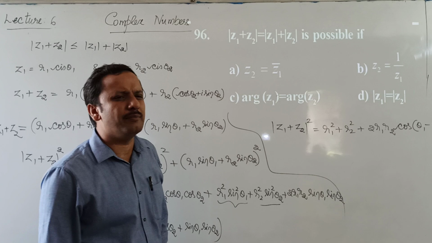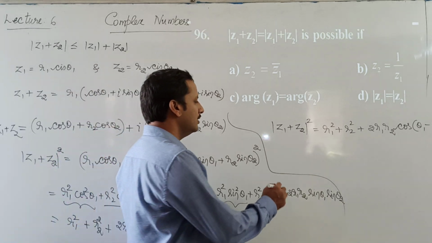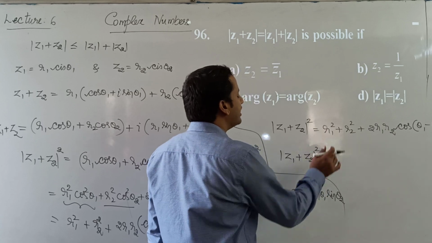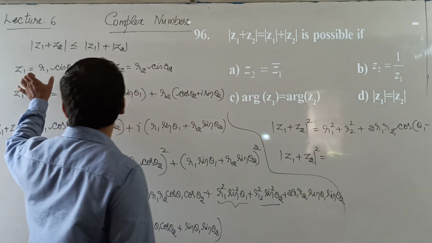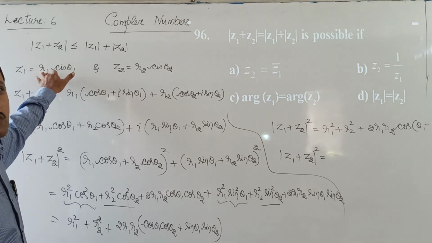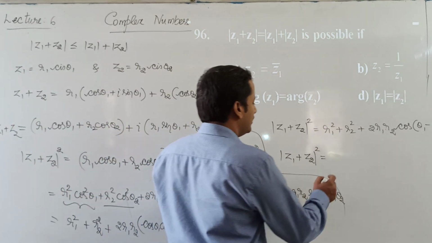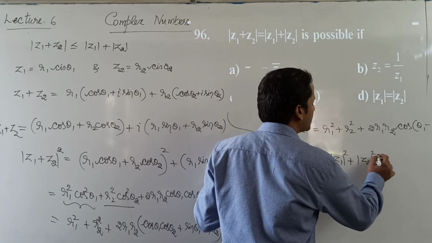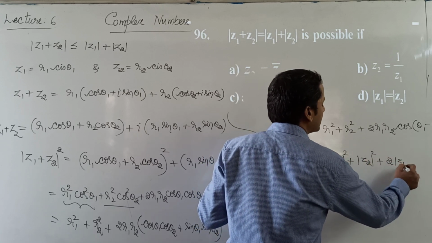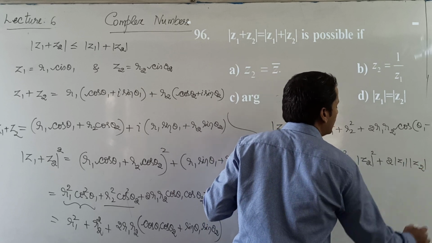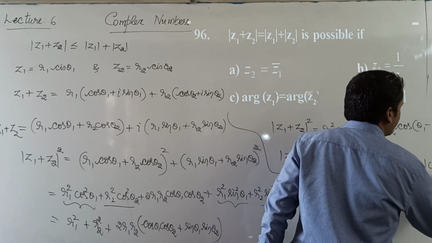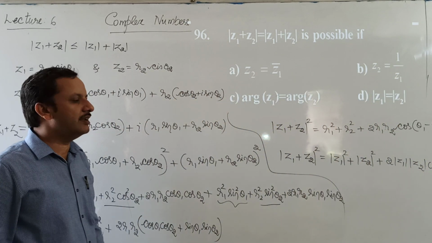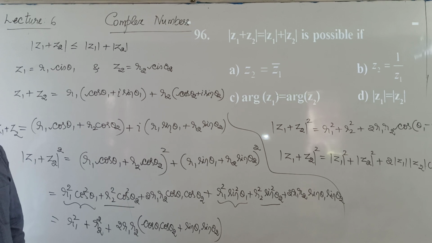I can write r1 as mod z1, since modulus of z1 is r1. So mod of z1 plus z2 whole square is equal to mod z1 square plus mod z2 square plus 2 into mod z1 into mod z2 into cos of (theta 1 minus theta 2), where theta 1 is the argument of z1 and theta 2 is the argument of z2.